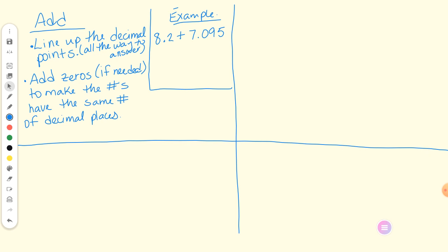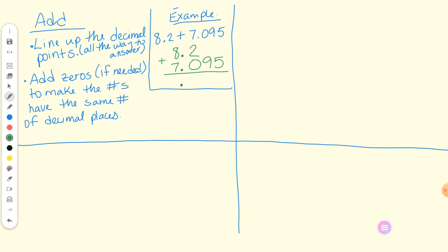So now, following our rules, it says line up the decimal points. So I write in my first number, 8.2. I write in my second number and line up my decimal points in a nice straight line. I'm going to go all the way down to my answer. What else should I do?